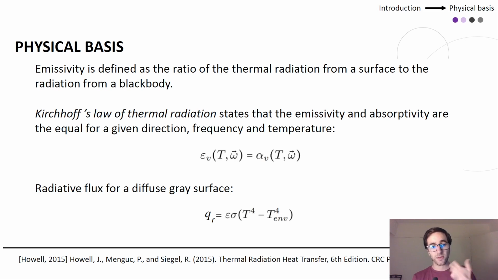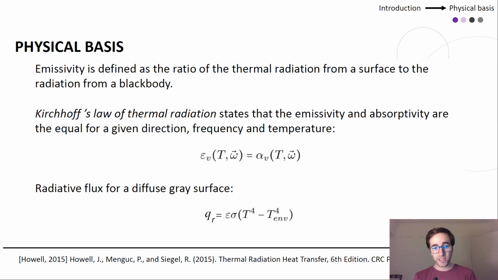We have Kirchhoff's law of thermal radiation that says the emissivity and the absorptivity for a given direction are always equal, dependent, of course, on frequency and temperature, or frequency or wavelength in this case.